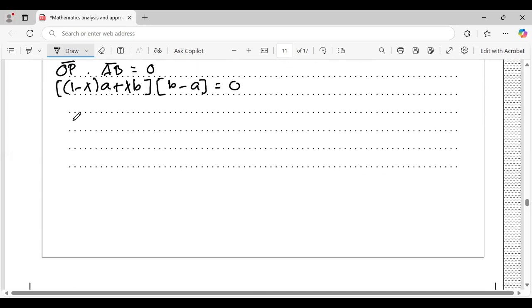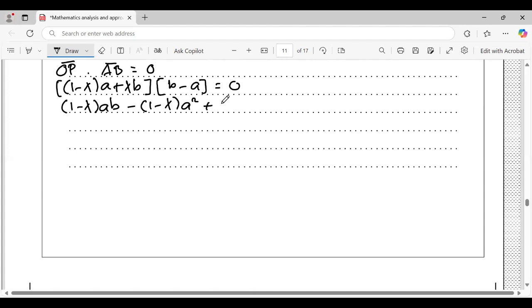After that, multiply. b multiplied by (1 minus lambda) a becomes (1 minus lambda) a dot b, and (1 minus lambda) a squared.